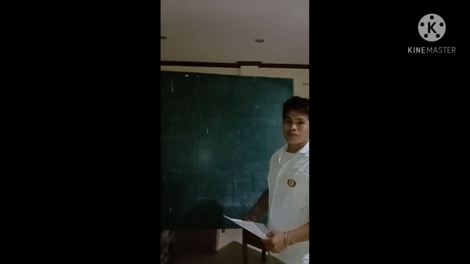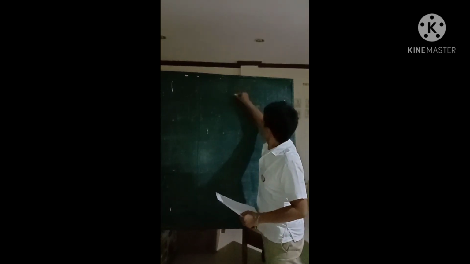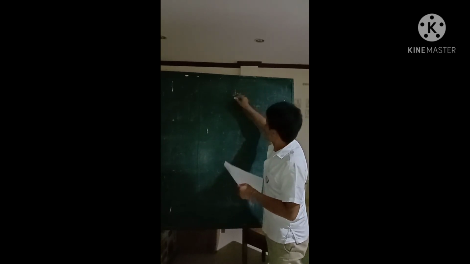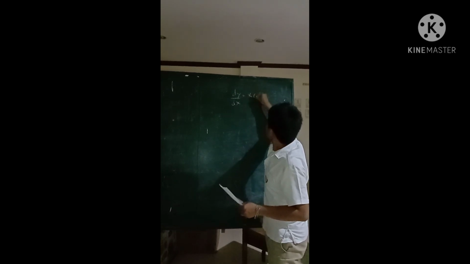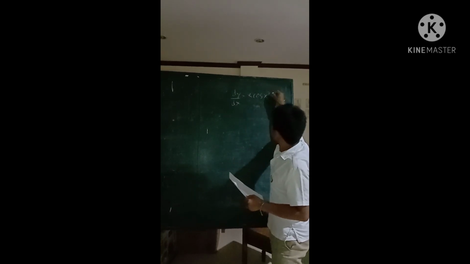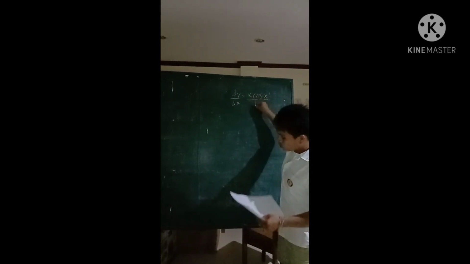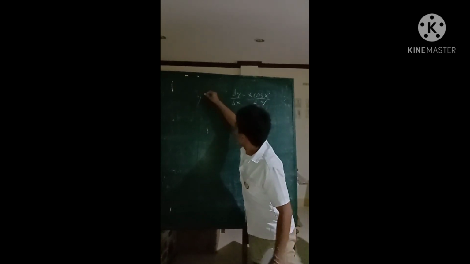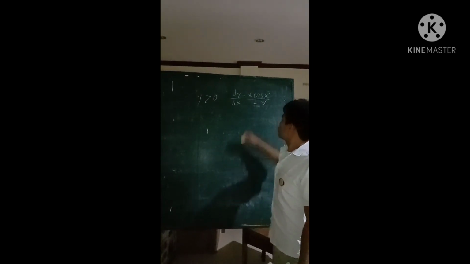So proceed to the next problem: dy over dx equals x cosine x squared over 4y. First we need to cross multiply.